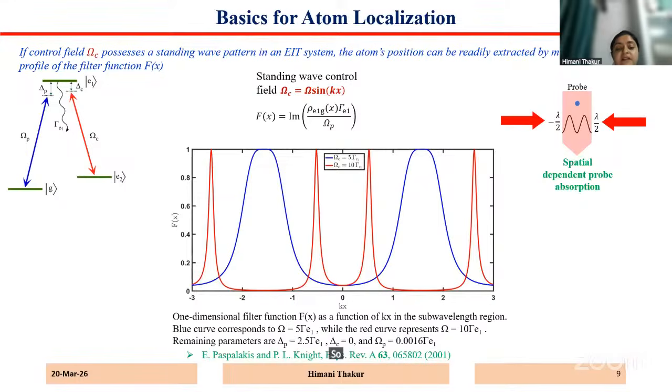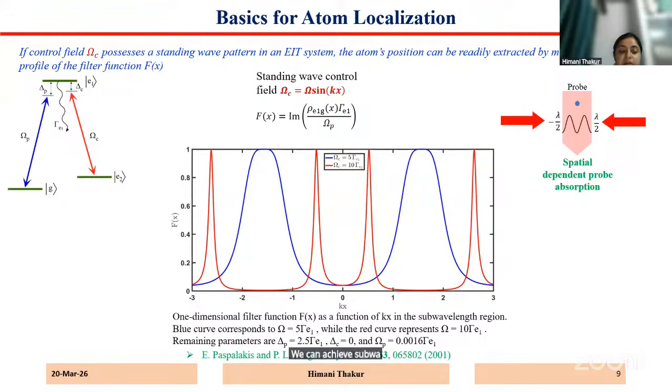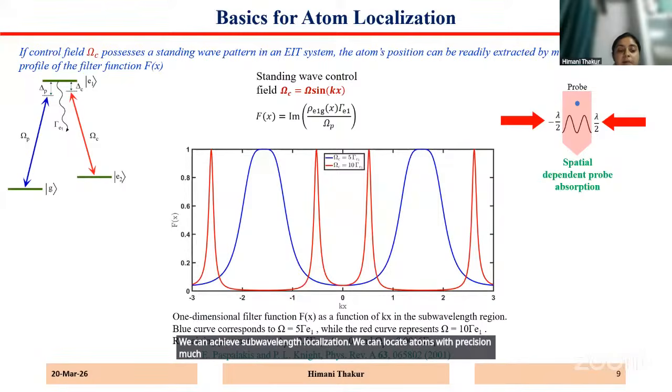So basically, in normal optics, we can't localize objects smaller than the wavelength of light. But using quantum interference like EIT, we can achieve sub-wavelength localization. We can locate atoms with precision much smaller than lambda, and it helps us understand fundamental physics like coherence, interference, and atomic transitions in a position-dependent way.